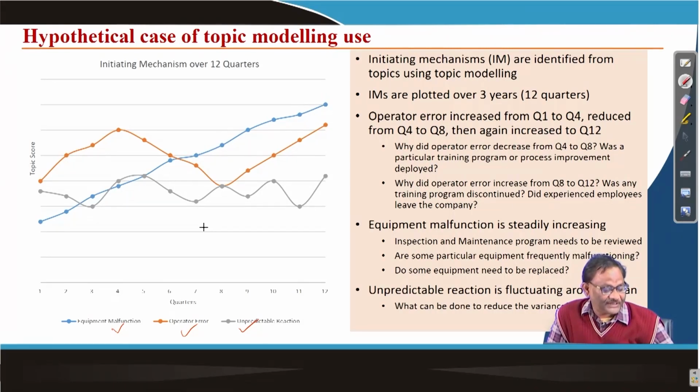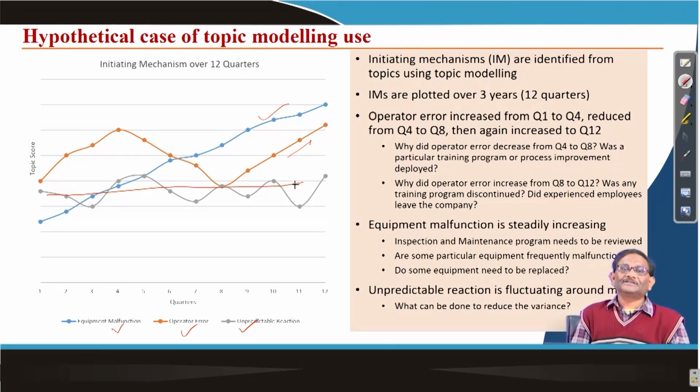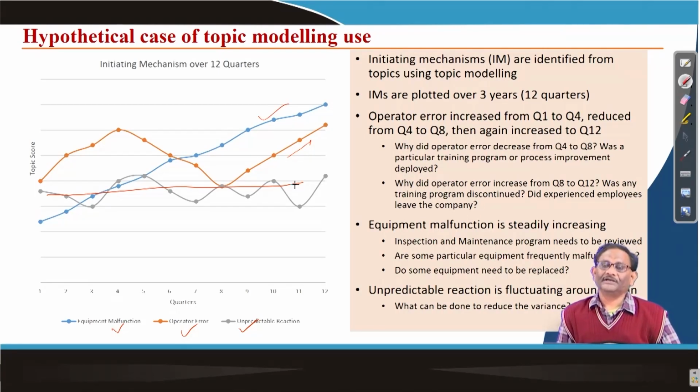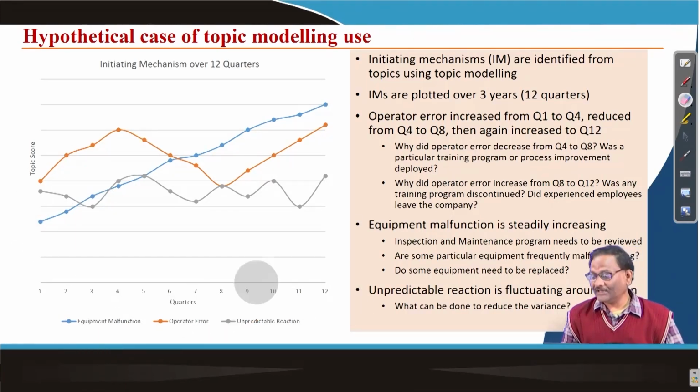Equipment malfunction may be increasing, operator error increases and decreases and again increases. But unpredictable reaction, which is primarily random in nature, is really random. This kind of plot can be generated, or I can say performance statistics can be generated after doing the topic modeling.